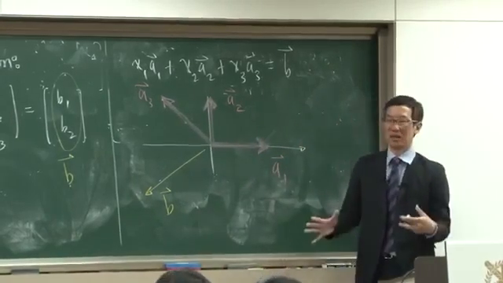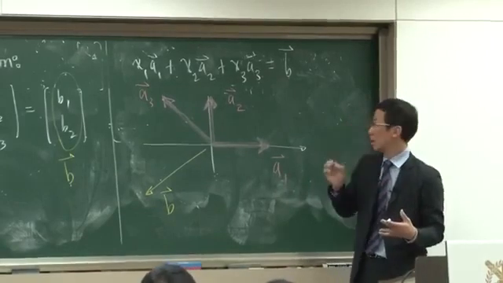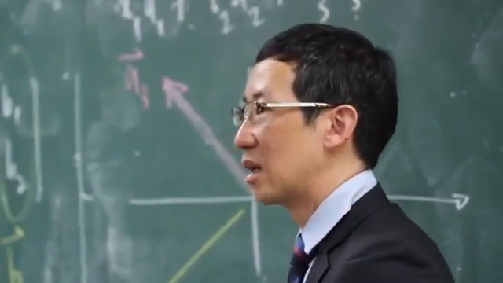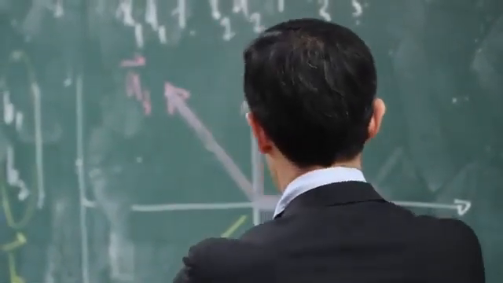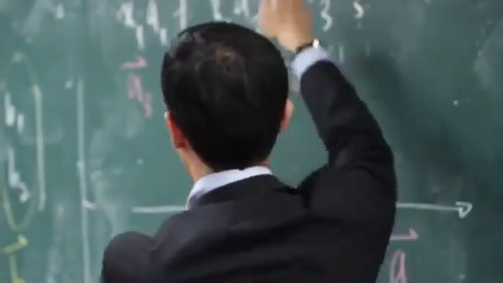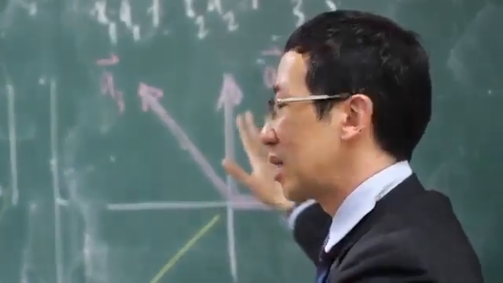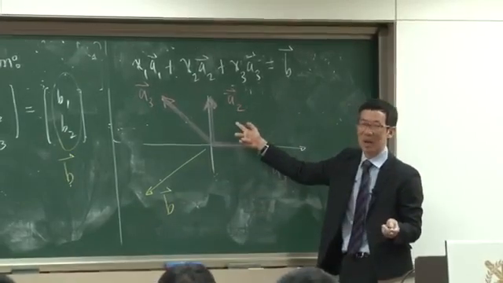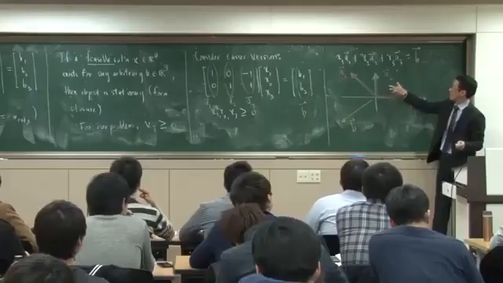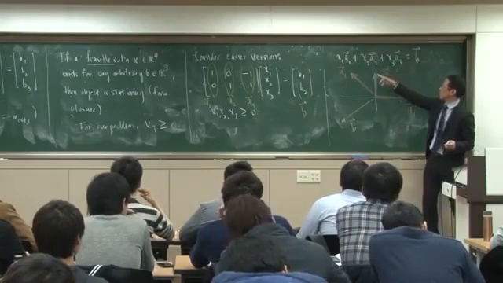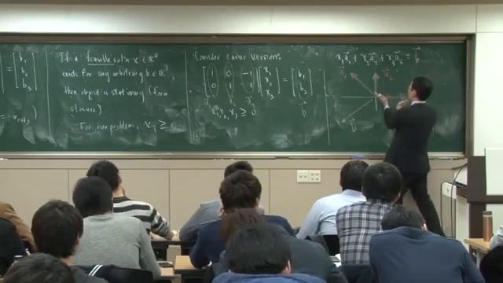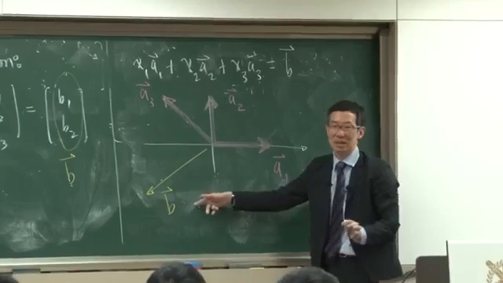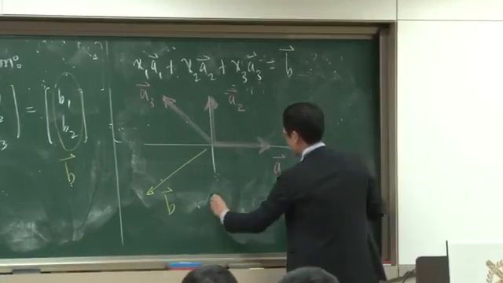Now, is there a solution x1, x2, and x3 for this given B? What we're doing here is stretching A1, stretching A2, stretching A3, adding the three together, and seeing if that can somehow match B. And from this picture, it's pretty clear that's impossible, right? The only linear combinations of A1 and A2 and A3 all lie inside here. So you can't reach this vector. So for this case, it's pretty clear no solution.